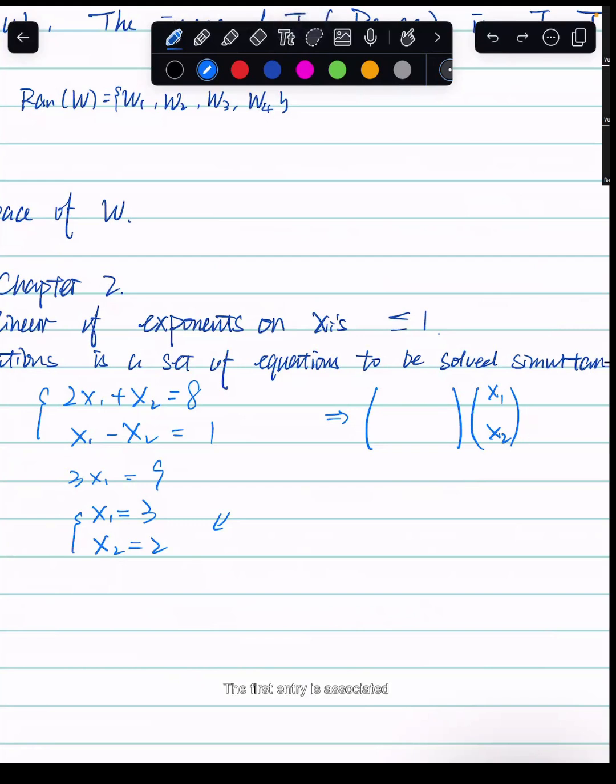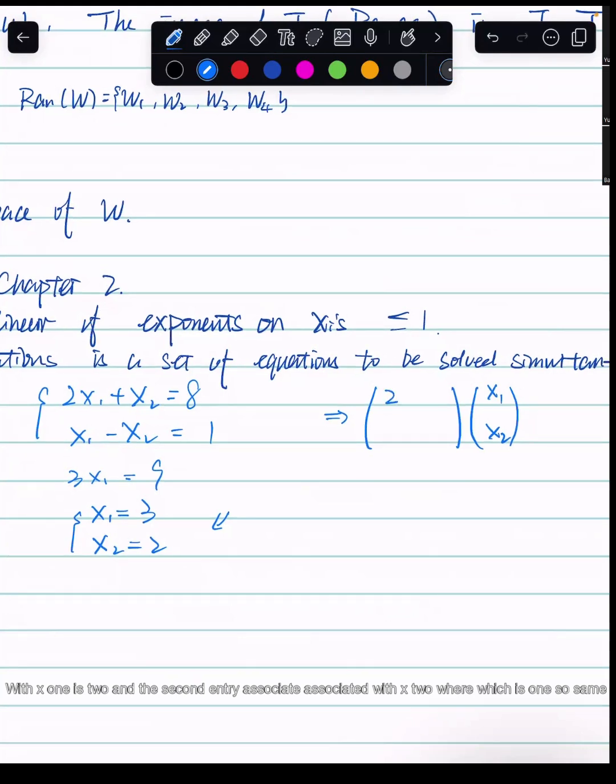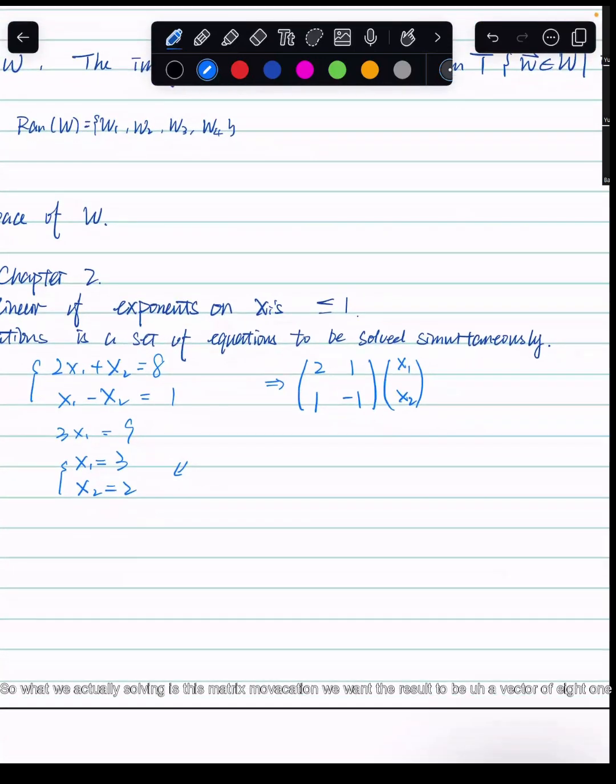So the first entry is associated with x1, which is 2, and the second entry is associated with x2, which is 1. Same thing for the second row: the scalar of x1 is 1, the scalar of x2 is -1. So what we're actually solving is this matrix multiplication. We want the result to be a vector h1.